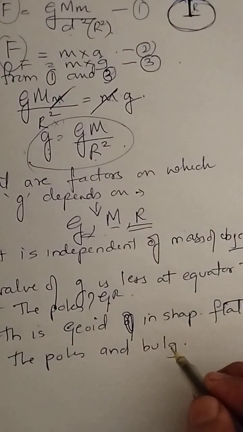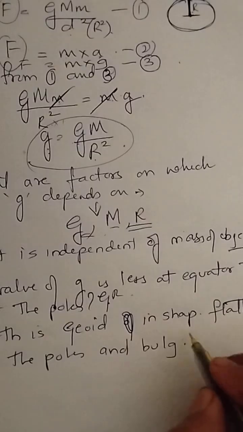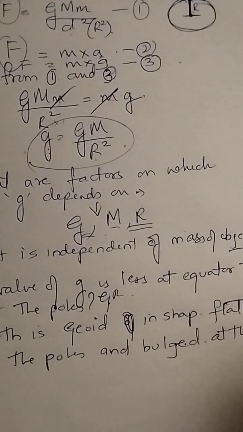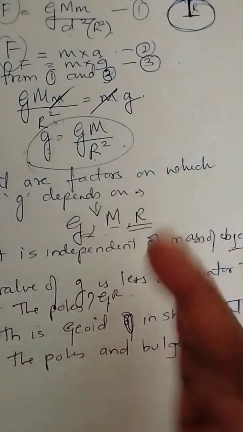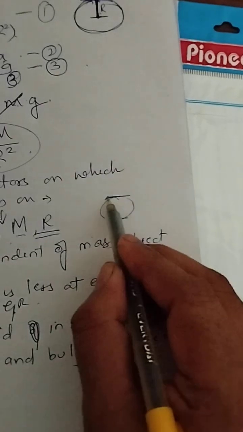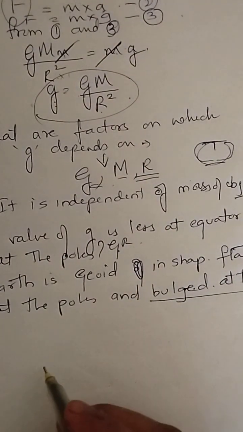Earth is flattened at the poles, so the radius of the earth is less at the poles than at the equator. It is like a laddu flattened. Here it will become flat and here it will become bulged, so the radius becomes less.